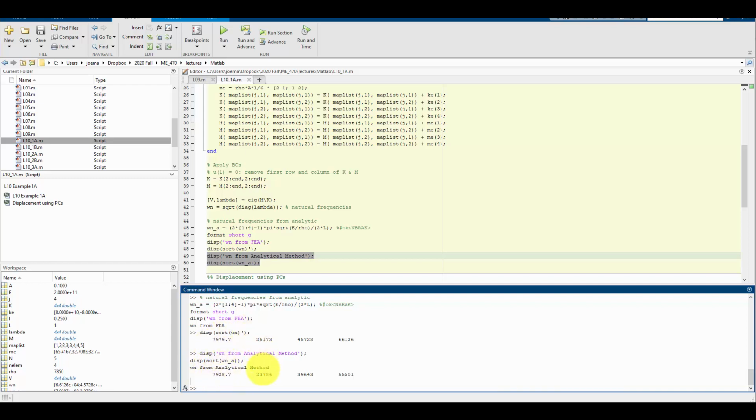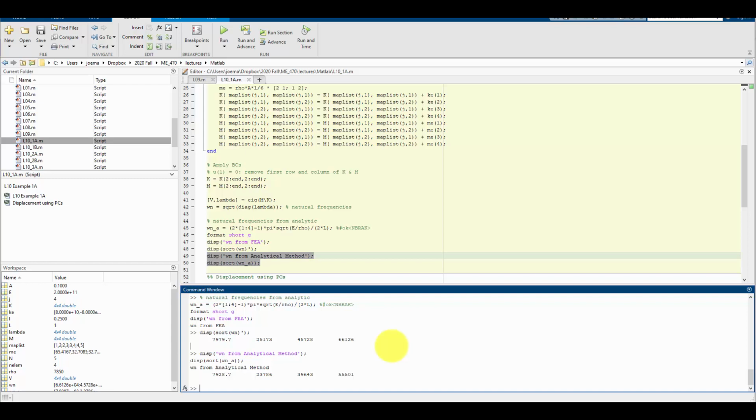But then as we go up in frequency, that percent difference between what we know is the value and what we're getting from the FEA starts to get larger and larger. And that is going to tend to happen as we get those larger frequencies. The larger we get, the more, initially at least, deviation there is from the true answer.